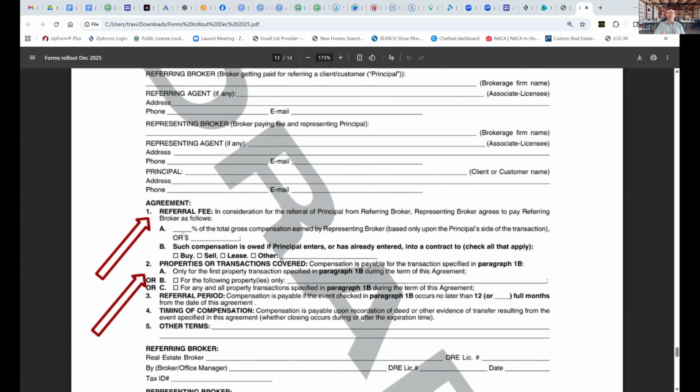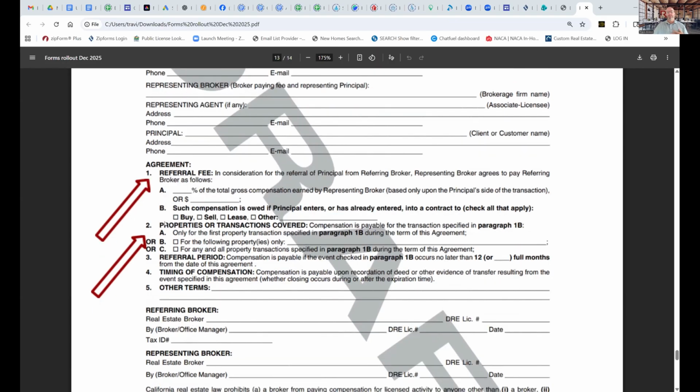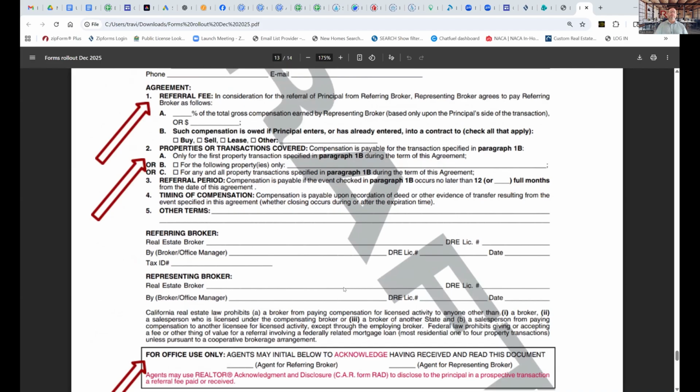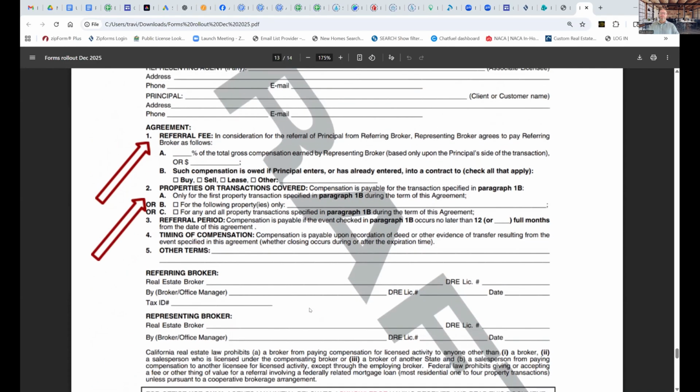This is the agreement between the brokers saying, when this principal purchases or sells that property, you're going to pay me X amount. But I need to disclose that to my client too, and that's where I'm going to use the RAD form to do that. So it's basically two forms now when you're doing a referral. It's going to be the referral and the RAD. So just keep that in mind.